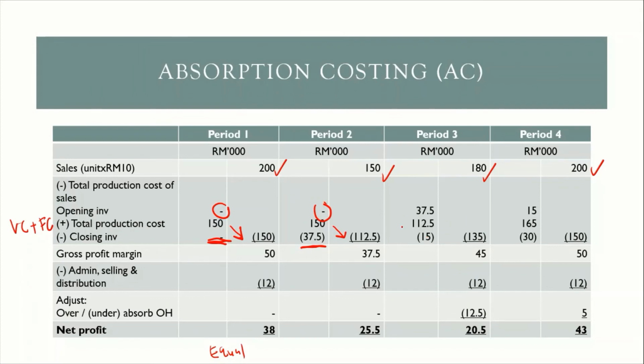So the calculation would be different. After you add the previous period 2 and period 3 production units, we will have a balance of about 2,000. Okay, so there is a balance. Because of the unsold balance, there is a closing unit.